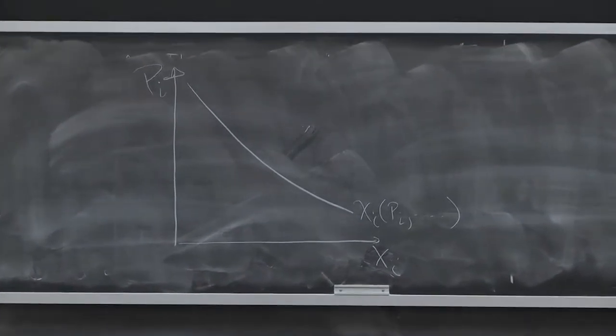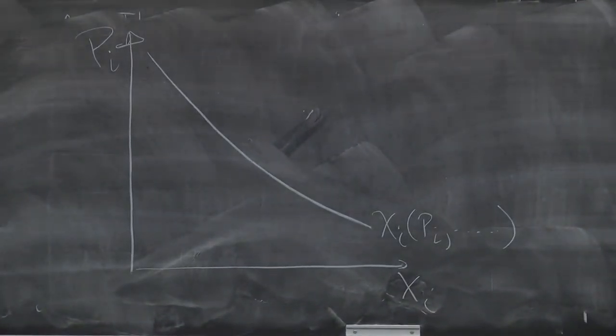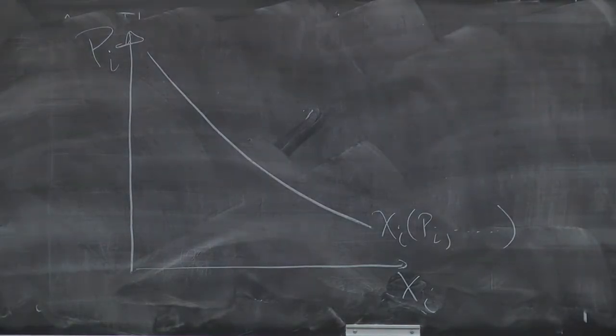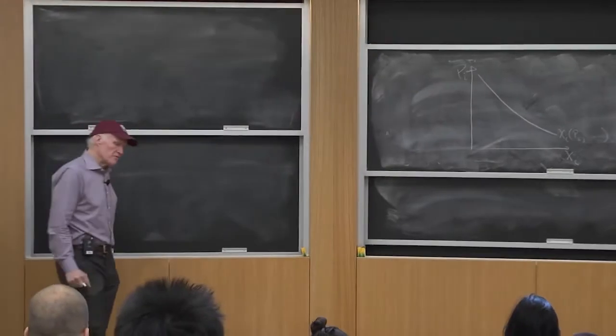All right? Now, how would you describe a demand curve? What is a demand curve? Be careful in your wording. What is it? Is it how much this person would be willing to buy at a given price? What is the demand curve?